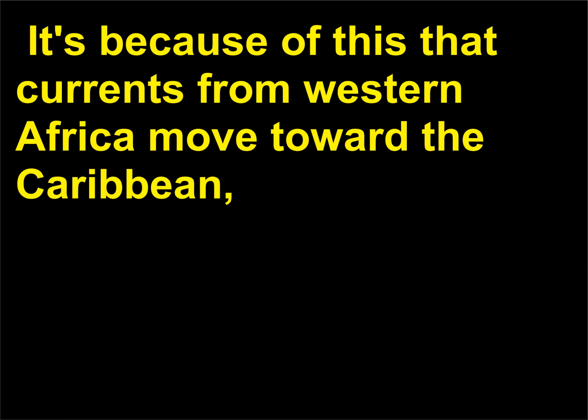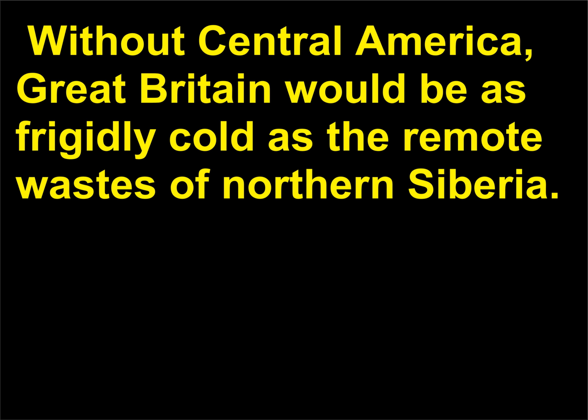It's because of this that currents from Western Africa move toward the Caribbean, and are then deflected north. Without Central America, Great Britain would be as frigidly cold as the remote wastes of northern Siberia.